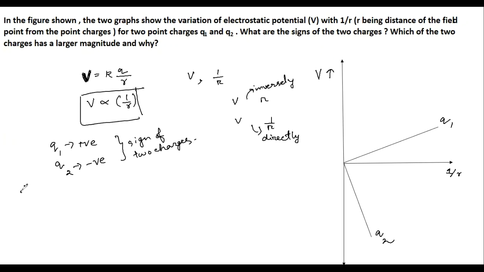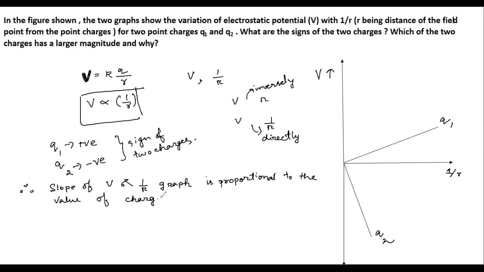You have to remember this point, that the slope of the V versus 1 by R graph is proportional to the value of the charge. Okay, that means the slope of the V versus 1 by R graph will provide us the magnitude of the charge.